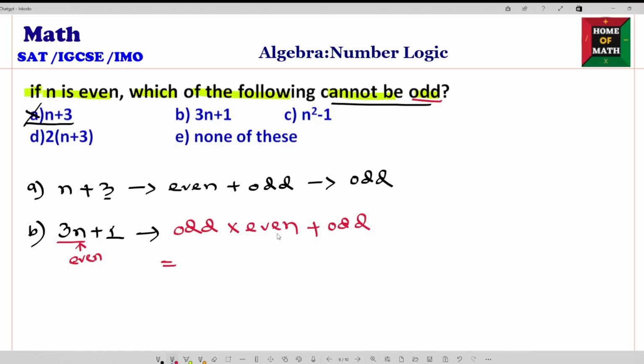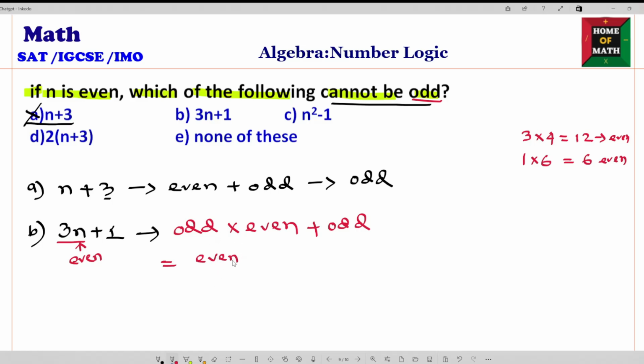Odd times even. Suppose 3 times 4, it will become 12, right? Or suppose 1, an odd number, times 6, an even number, it will become 6. So this one is even and also this one is even. So odd number times even number will become an even number.